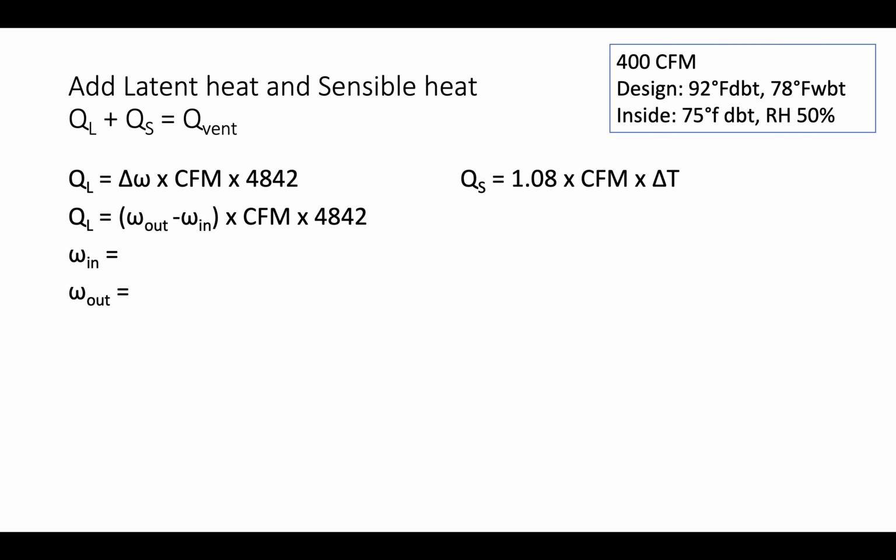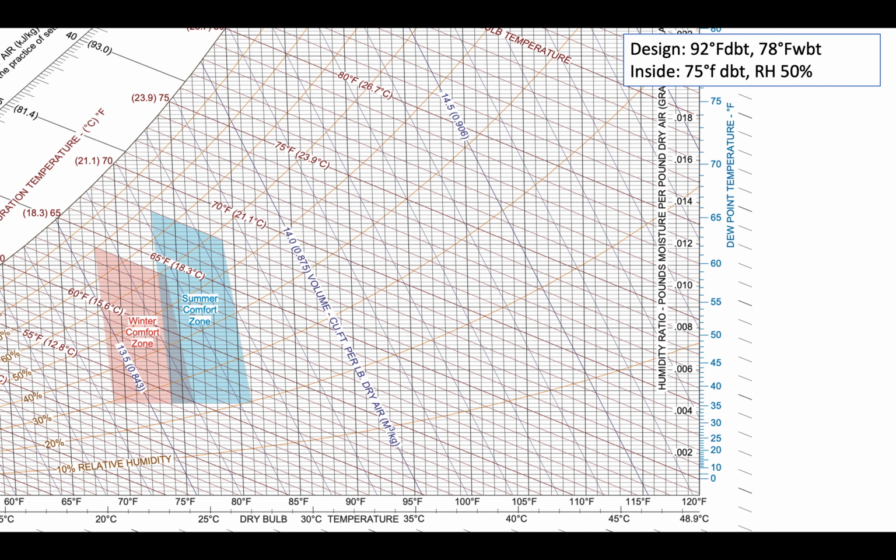To do the latent side, we need to find the absolute humidity inside and outside. To do that, we go to the psychrometric chart. I've put our conditions up in the top right-hand corner. We can first look at our outside temperature, which is 92 degrees Fahrenheit dry bulb temperature.